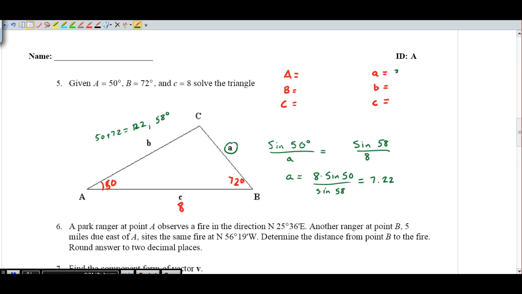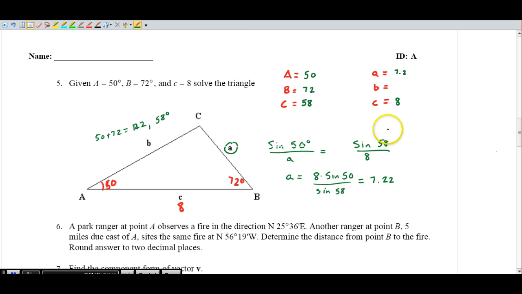So we're going to put 7.2 in for A. We're going to put 8 in for C. And we're going to put in our angles here. So it's 50, 72, and 58.